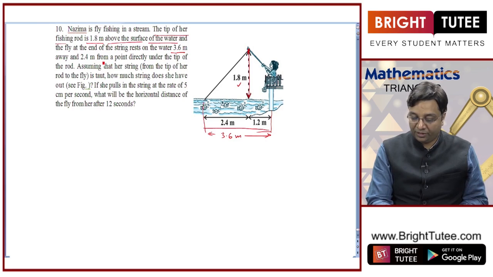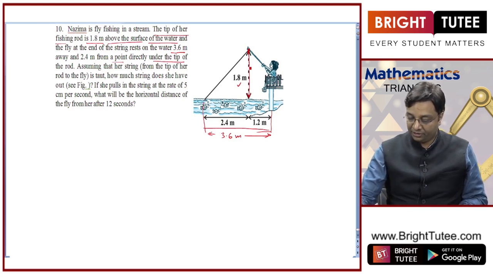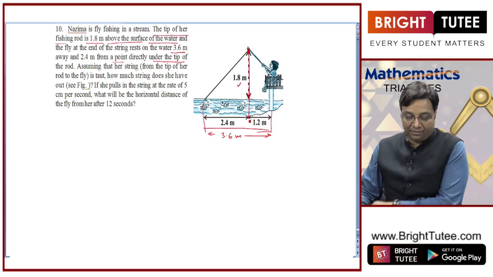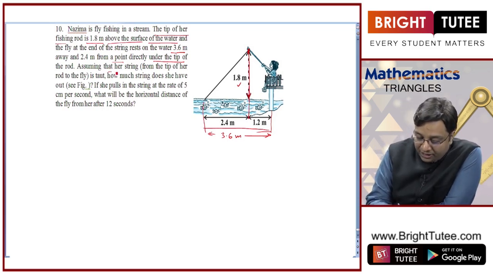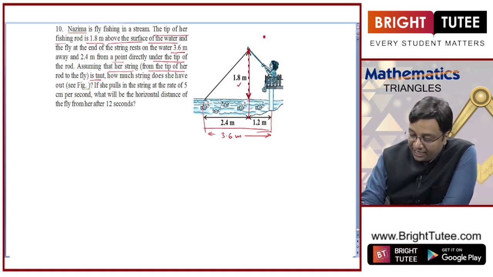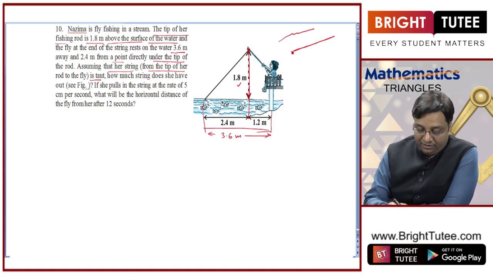And 2.4 meter from point directly under the tip of the rod. So if I join this, this is the point directly under the tip of the rod, and this distance is 2.4 meter as it can be seen in the figure. Assuming that her string from the tip of her rod to the fly is taut, that means there is no sag, it is completely straight, right?